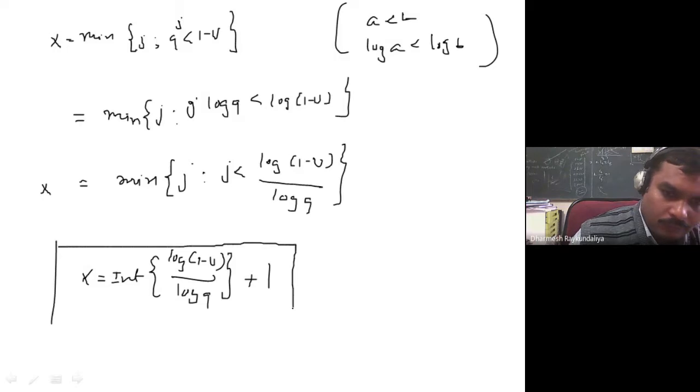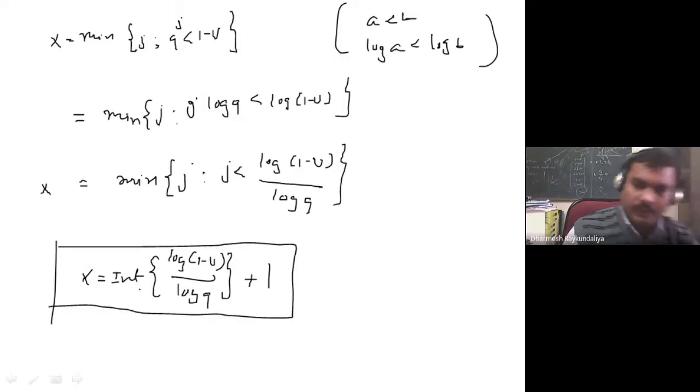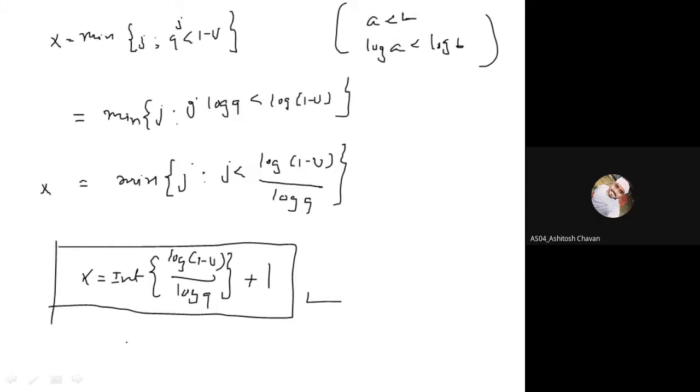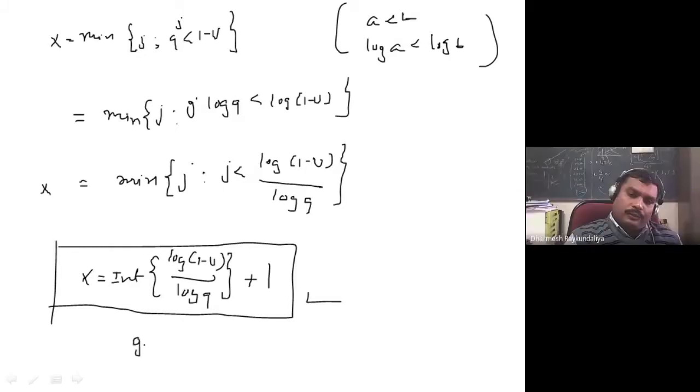If you use this expression, it will help you generate random numbers from a geometric distribution.